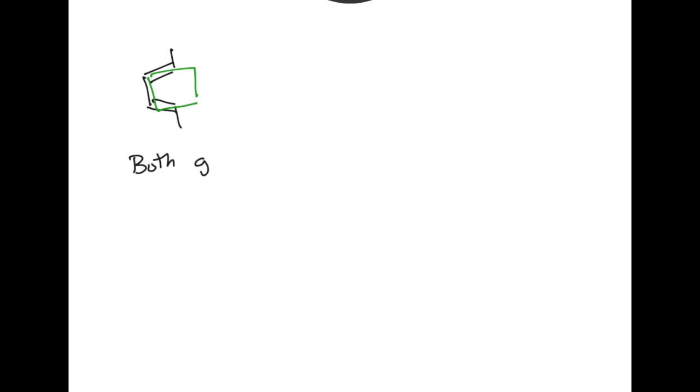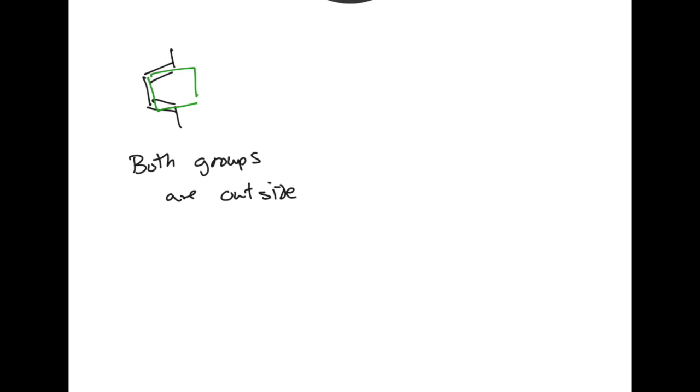and I like to say that my diene makes a box. So if I draw my box in here, right? I look at the two groups as being inside or outside the box. So here, both groups are outside of the box that my diene makes, right?